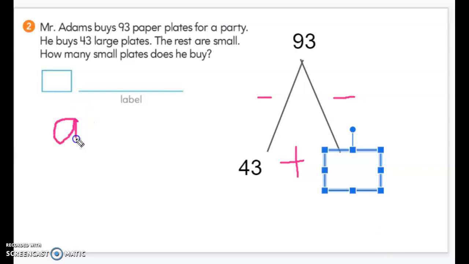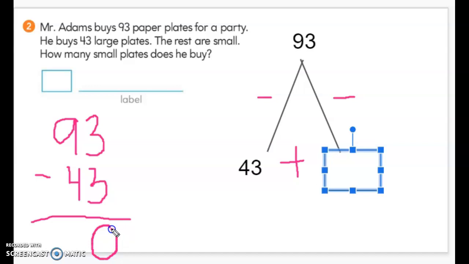All right, so we would do 93, take away 43, or again, you could have used the add up method. And hold up 3 fingers. Take away 3. Can you do it? Yep, what did you get? You're right, 0. Now 9 minus 4, 4, 5, 6, 7, 8, 9.